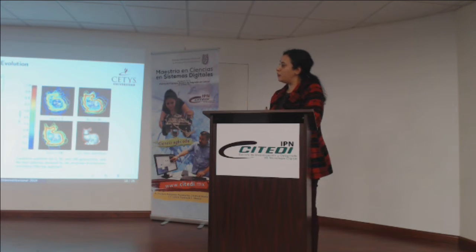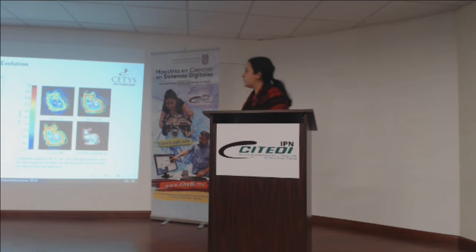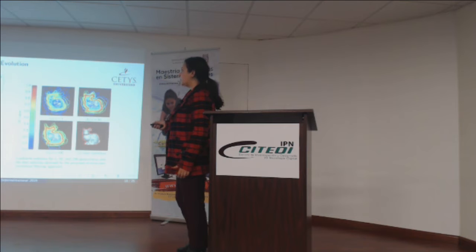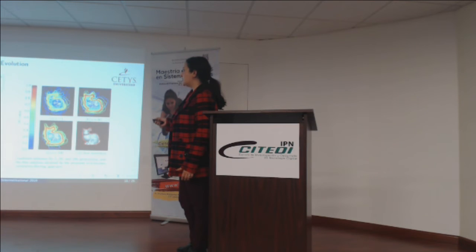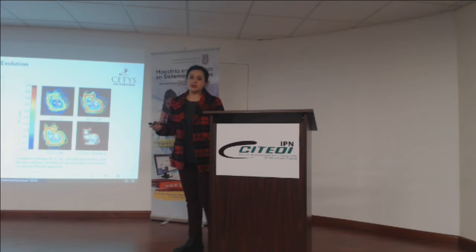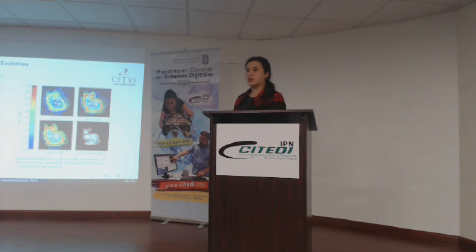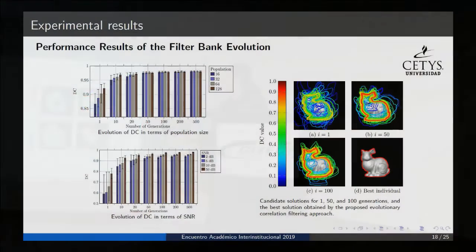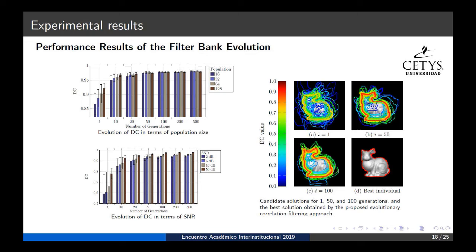In these other graphics, we can see the evolution in terms of population size, and in terms of the number of generations of the genetic algorithm. This is the estimation. And this graphic shows the evolution of this metric in terms of signal to noise ratio.